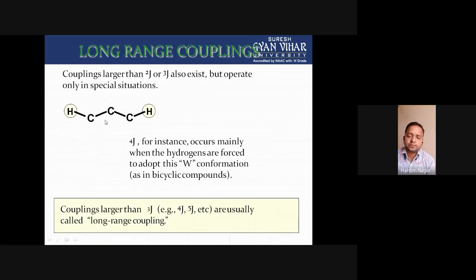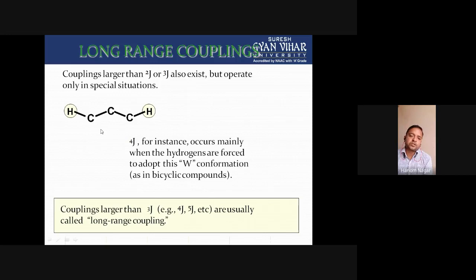There is actually no transformation of the magnetic field generated by the spinning motion of these two protons. But if there is a double bond between these carbons, then the transformation of the magnetic field between these two protons will be higher, meaning the coupling constant would be higher.